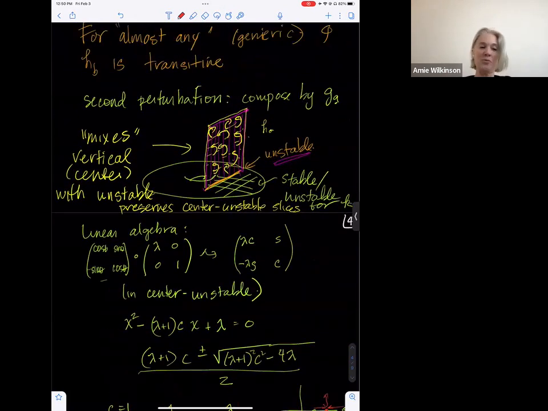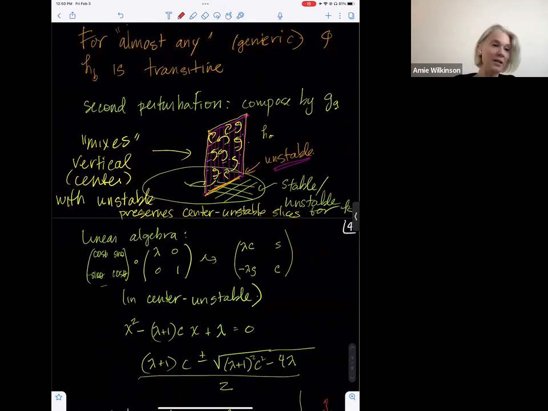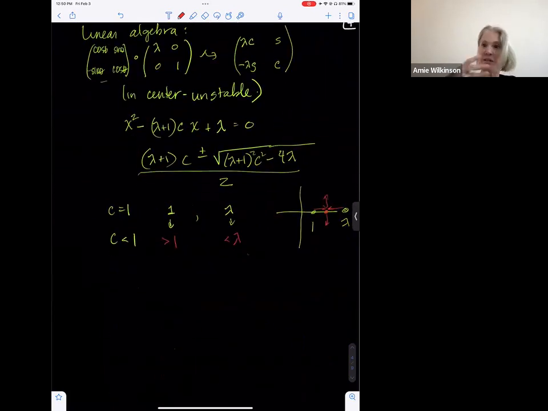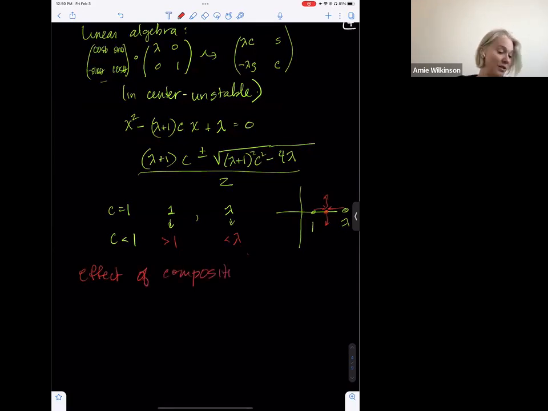So what happens when I do this globally, in this global perturbation? That was just linear algebra. What is the effect now of composition with this G alpha, or G beta?